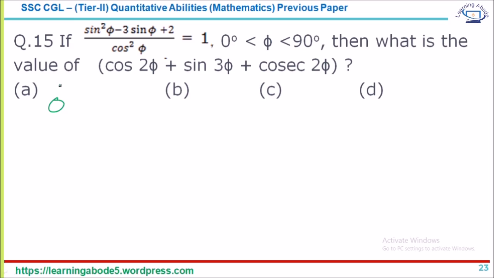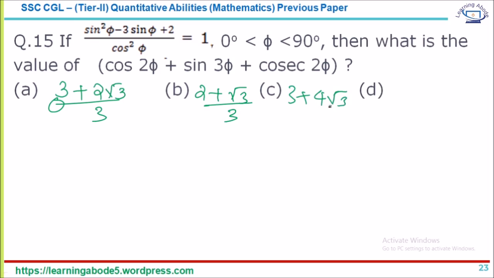The options are 3 plus root 2 root 3 by 3, 2 plus root 3 by 3, 3 plus 4 root 3 by 6, and then 9 plus 4 root 3 by 6. Okay, so these are the 4 options.